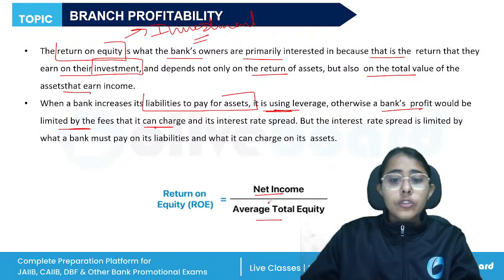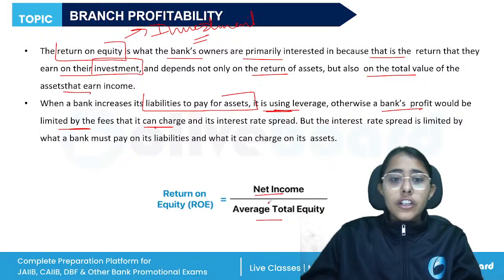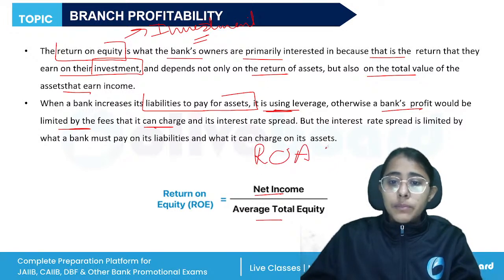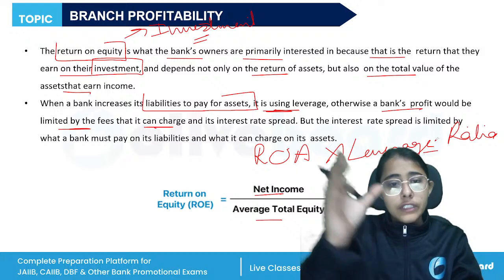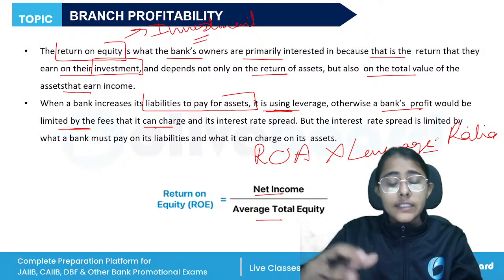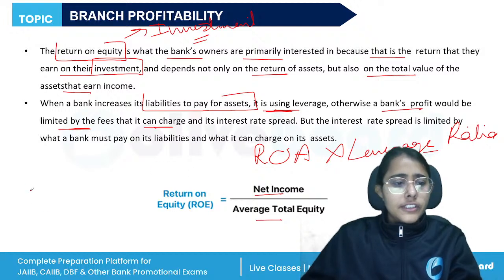We can also derive the return on equity by multiplying the return on assets by the leverage ratio. The return on assets, the formula that we already know, is the net income divided by the bank assets. The leverage ratio is the bank assets divided by the bank capital. Let me just write it down.